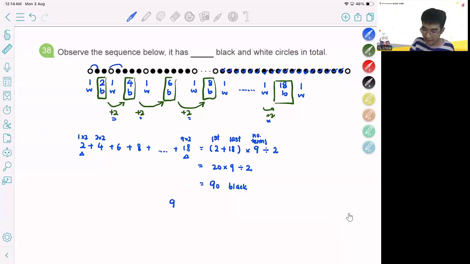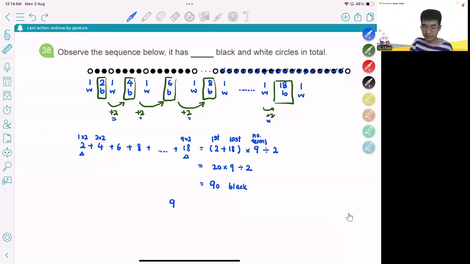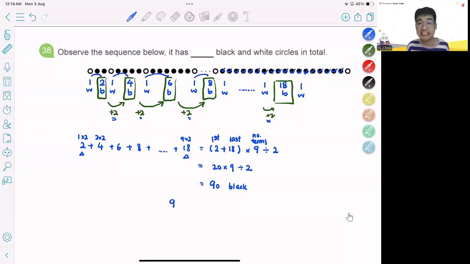Maybe this is clearer. And this 9th white ball, I will pair it with the 18 black ones. But don't forget, at the end, I still end with a white circle. So there is another white circle at the very end of the sequence. So in total, there are actually 10 white balls.